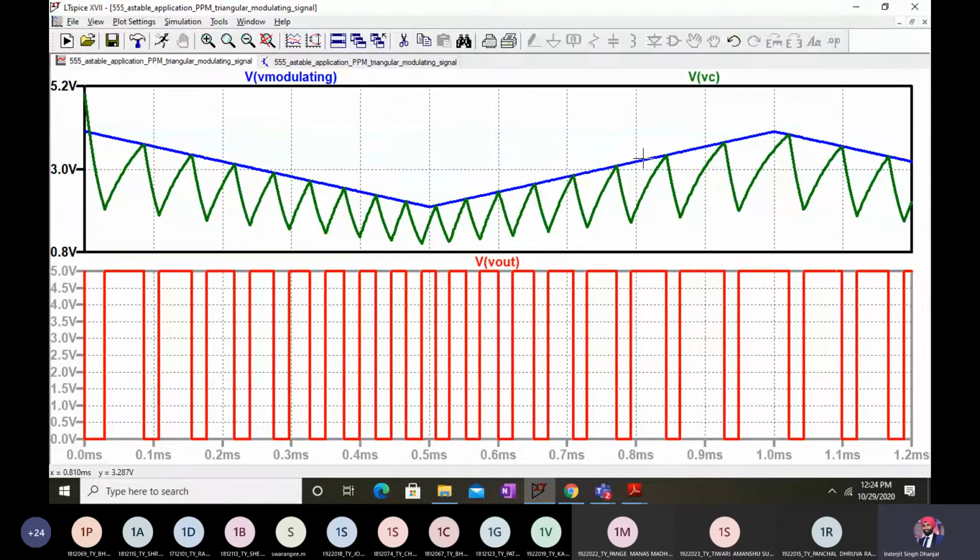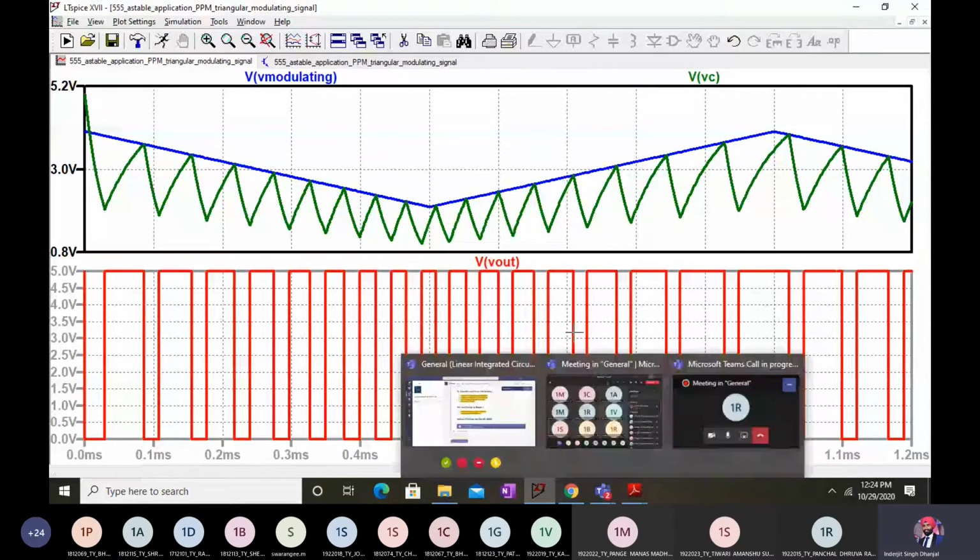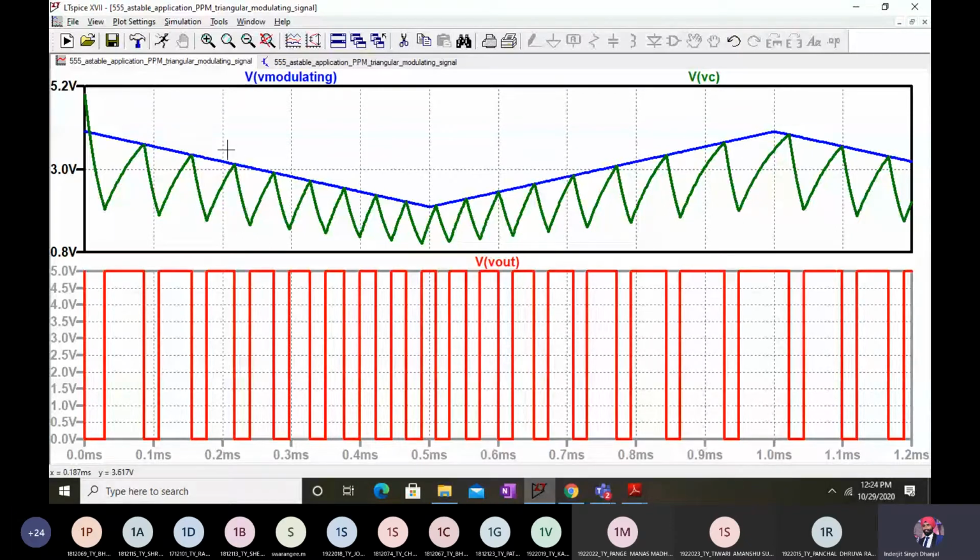Yes, sir. Okay, as you can see, the capacitor voltage is tied, or glued, to the modulating signal. As the modulating signal is decreasing in amplitude, the highest charging voltage of the capacitor is also changing. Again, when it is increasing, the capacitor voltage is increasing in amplitude, and vice versa.